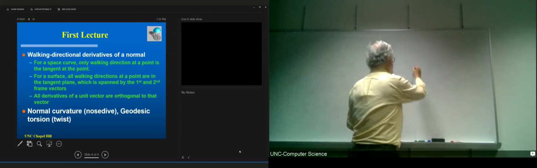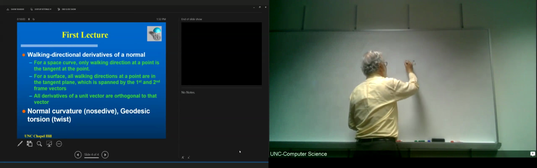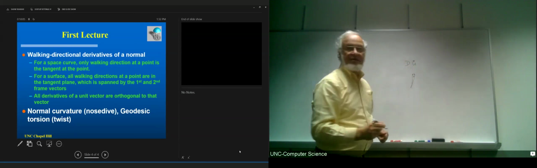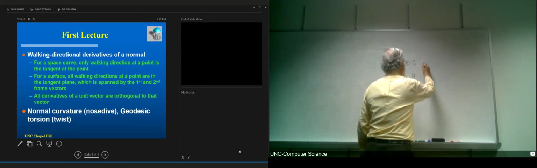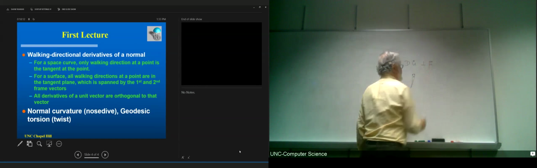Okay, so what I'm saying is, if you take any first derivative of a unit vector, it's going to be orthogonal to the unit vector itself.